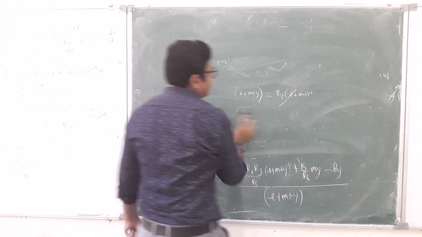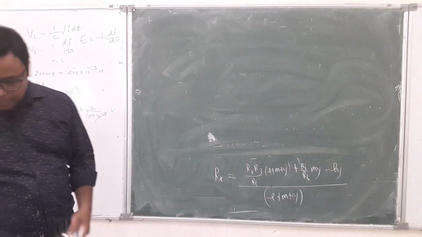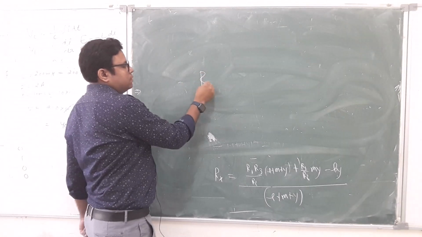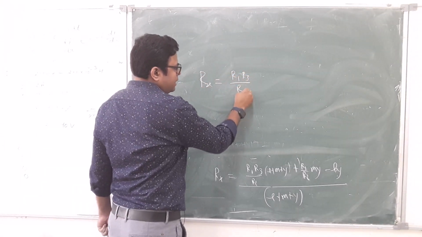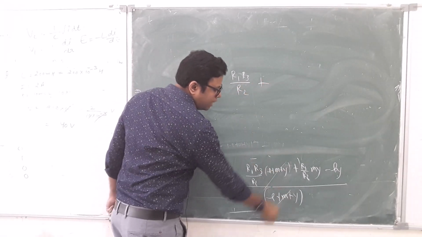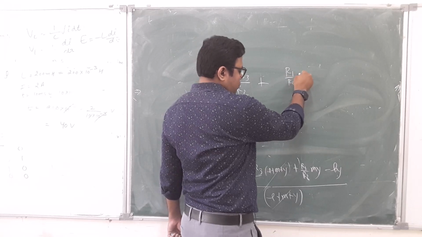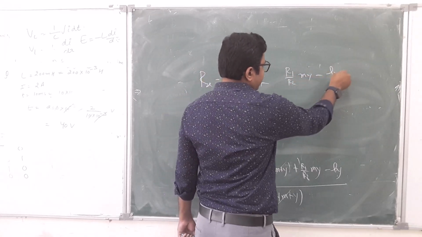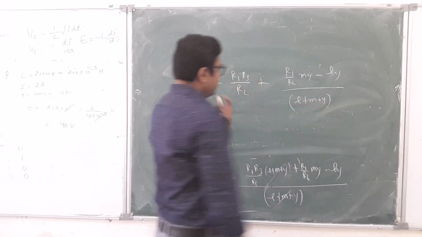I will try to write in small font. So here Rx is R1 R3 by R2, because this will cancel out, plus R1 by R2 My minus Ly, by (L plus M plus Y).